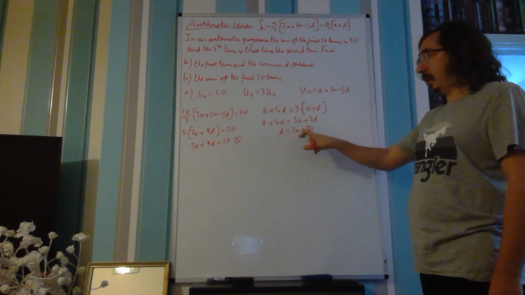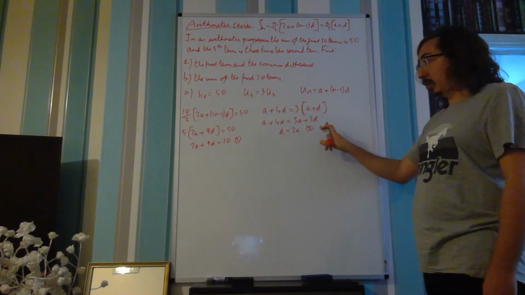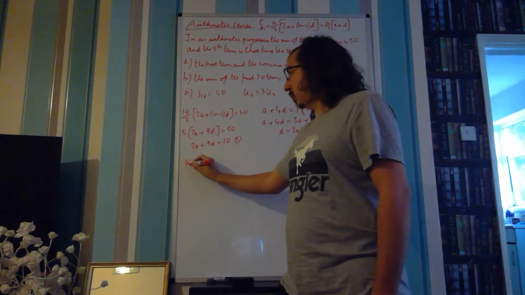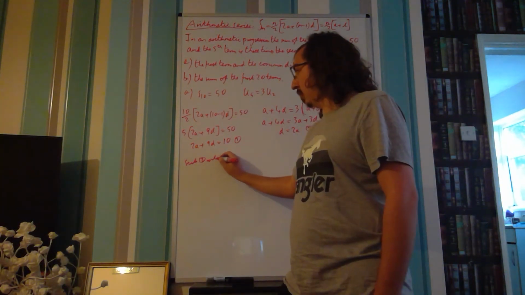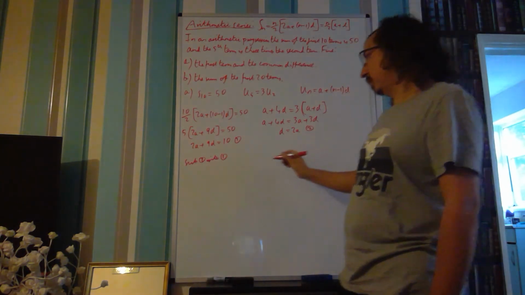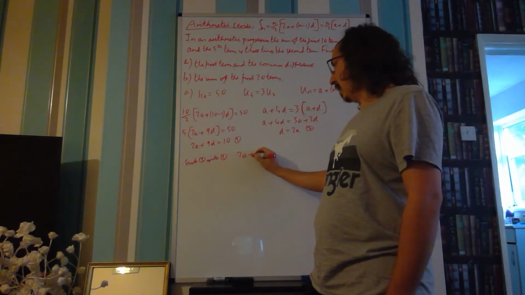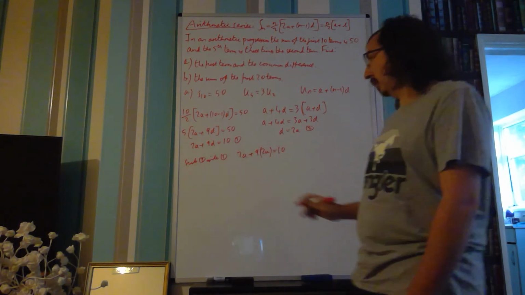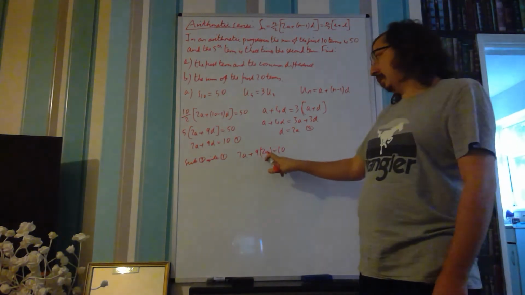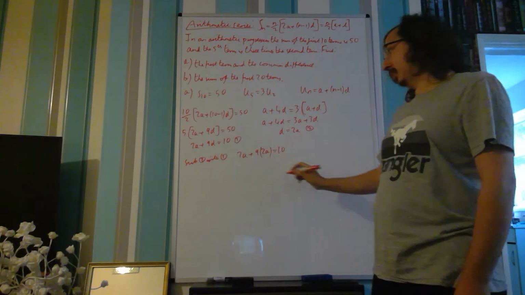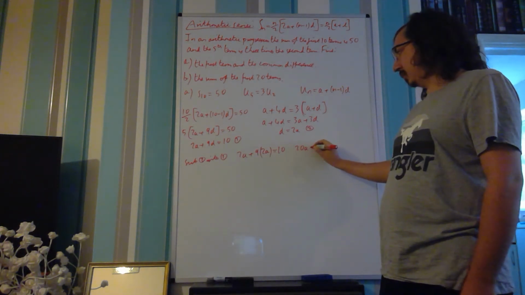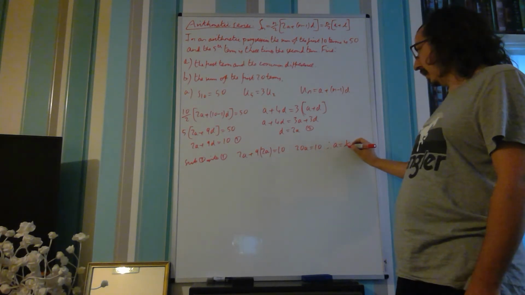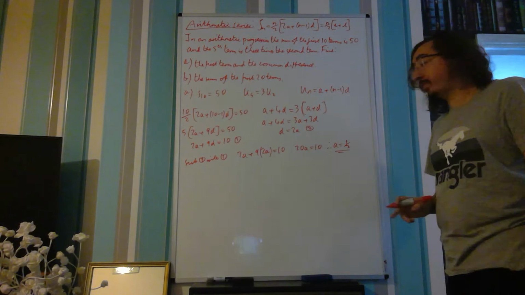Now, because we've got d in terms of a, we can substitute the second equation into the first. So we're going to sub 2 into 1, such that 2a plus 9 times 2a is equal to 10. 9 times 2a is 18a plus the 2a there, which gets us 20a is equal to 10, and therefore a is equal to a half.